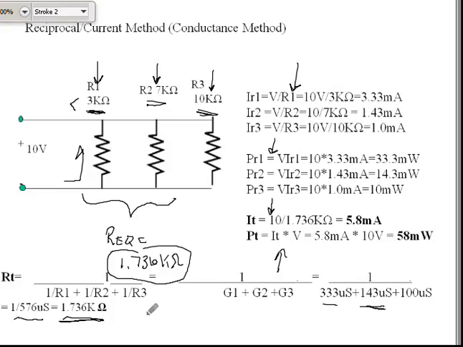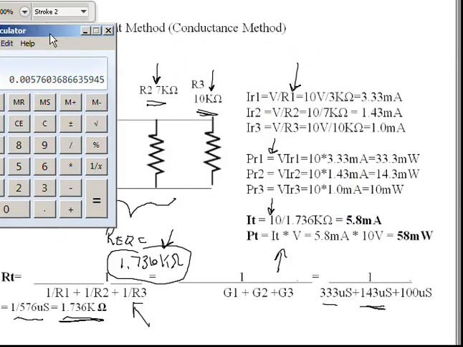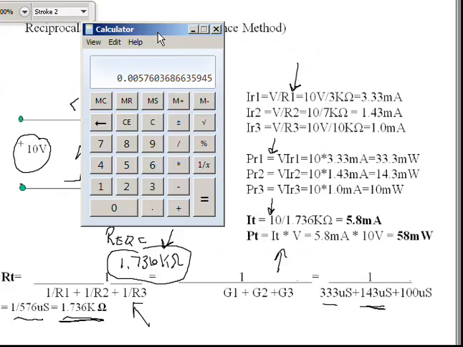Since we know this value from these, I'm going to real quick do a calculation of 10 volts over 1.736 k ohms. So 10 divided by 1.736 equals 0.00576, so 5.8 milliamps.